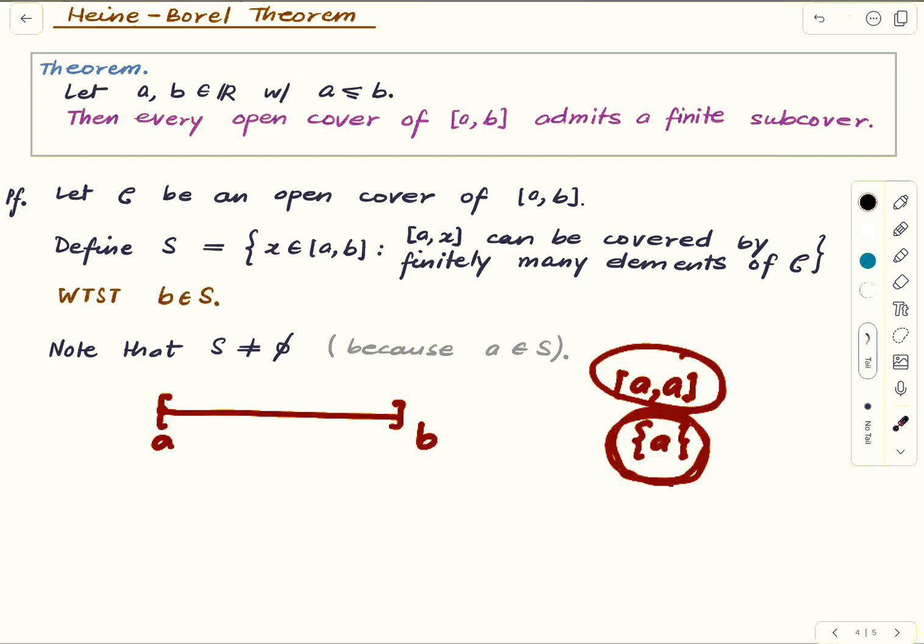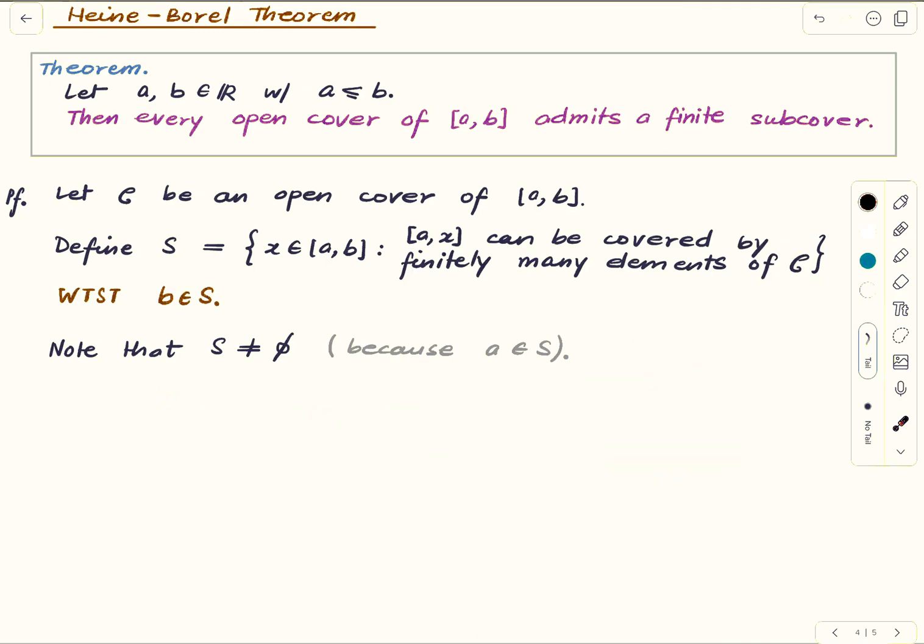And saying the singleton is covered by finitely many elements of C just says that there are finitely many elements of C whose union contains a. But we know that the closed interval [a,b] is covered by fancy C, and therefore every element of this closed interval is in some element of fancy C. In particular, a is also in some element of fancy C, and therefore the singleton is covered by finitely many elements of fancy C, namely just one element.